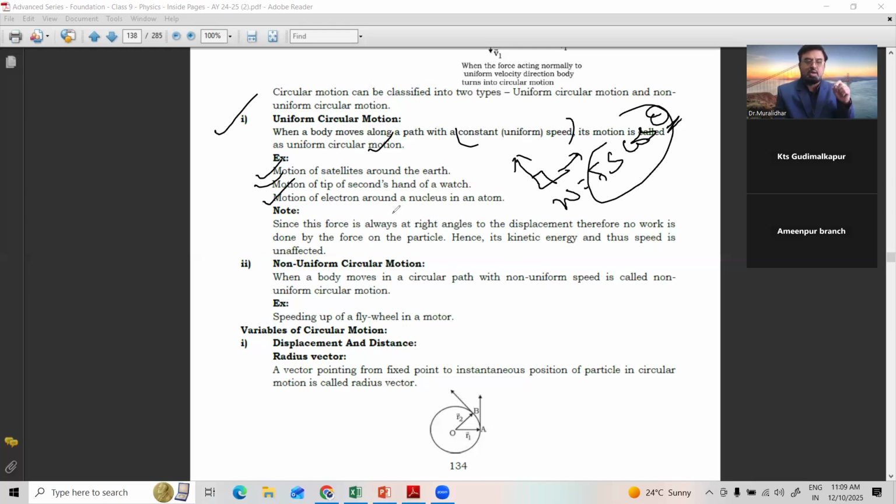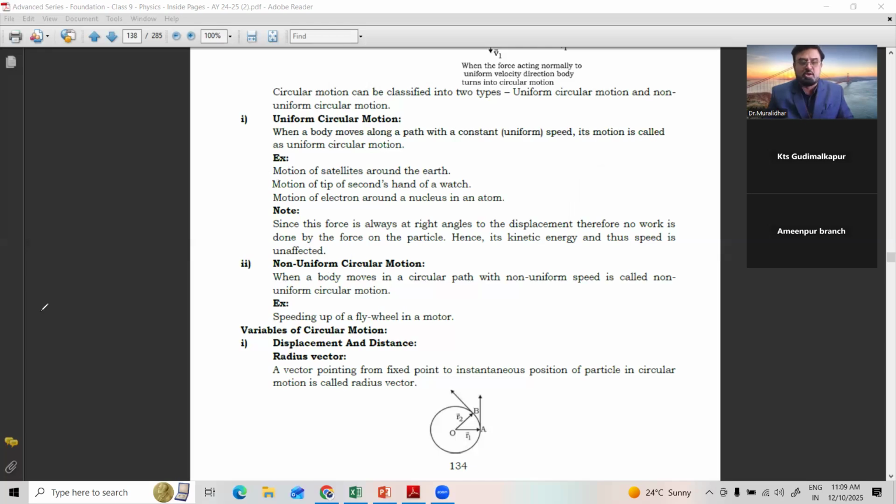So as there is no work done on electrons or on satellites or on the second's hand, they move continuously around the same path in the same time. Hence, the kinetic energy and thus the speed is unaffected. So as no work is done on the particles in uniform circular motion, they move constantly, and such a motion is called uniform circular motion.